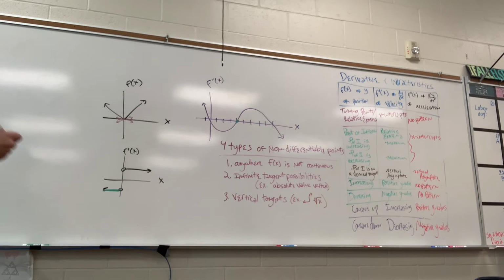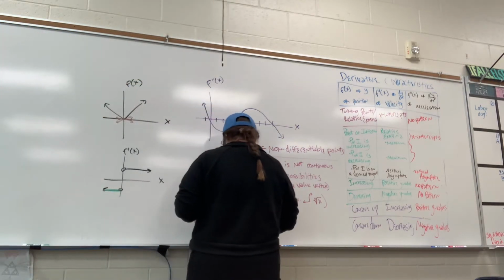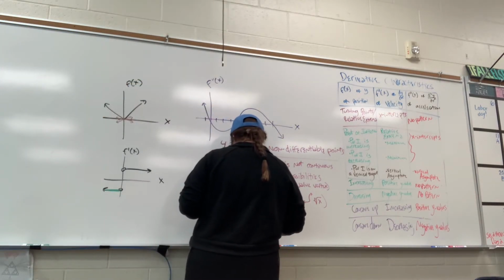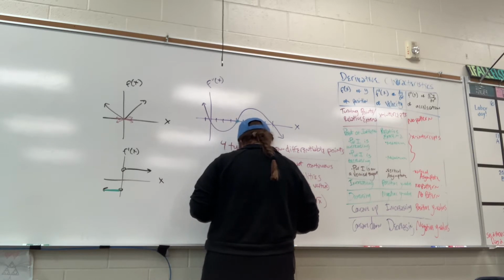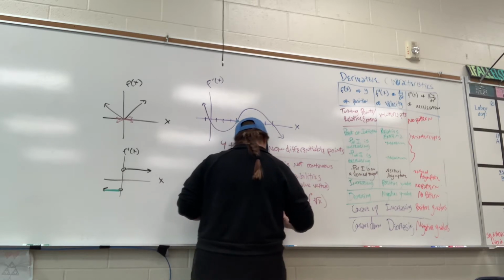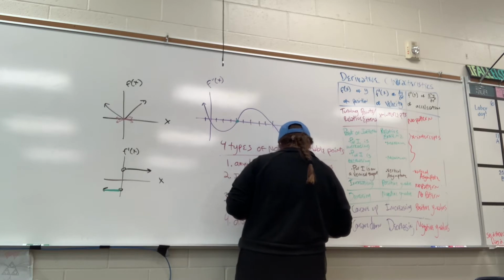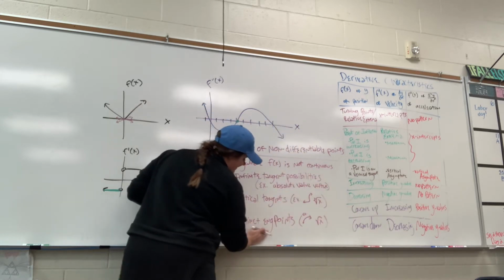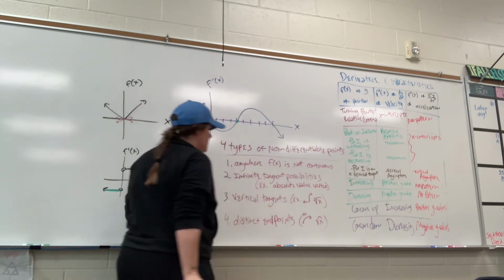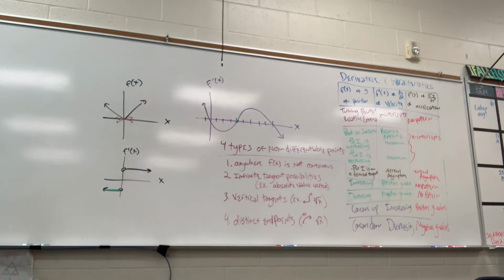Okay, the fourth one is distinct endpoints, like on a square root graph. Endpoints. Here we go. Like on a square root graph, distinct endpoints, okay? Those are our 4 main types of non-differentiability, meaning will not have a derivative.